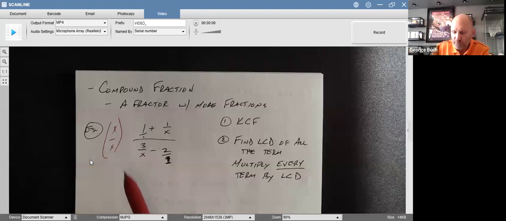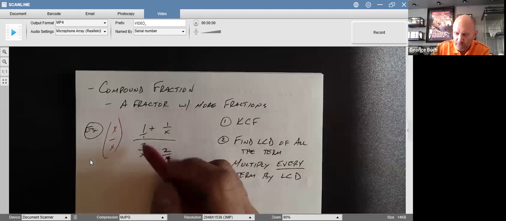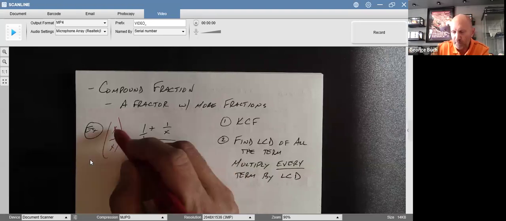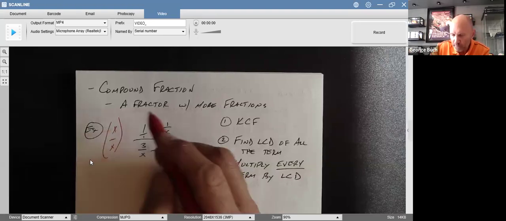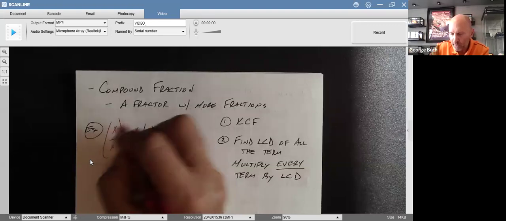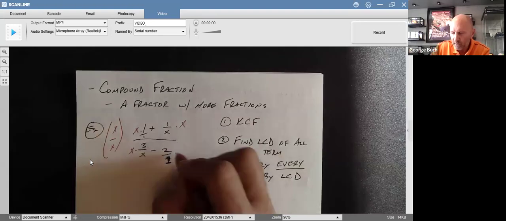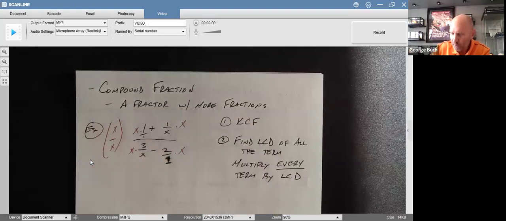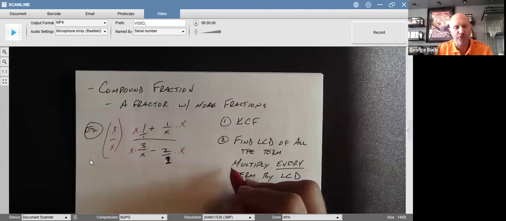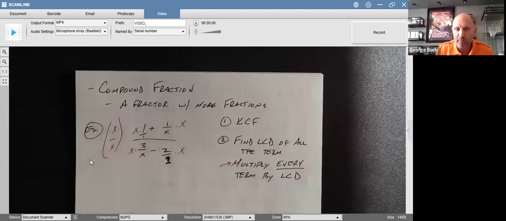And so then if I'm multiplying two fractions, what do I do? I multiply the top fraction, I multiply the bottom fraction. So I'm multiplying this guy by x, this guy by x, this guy by x, this guy by x. So that's why I say just multiply every term by the LCD. That's the math behind it.